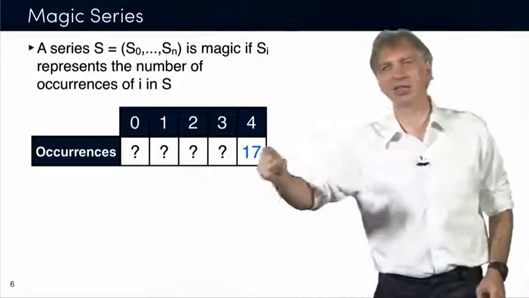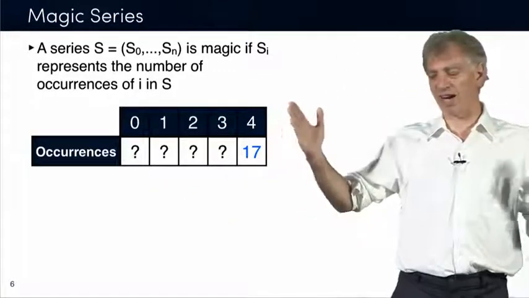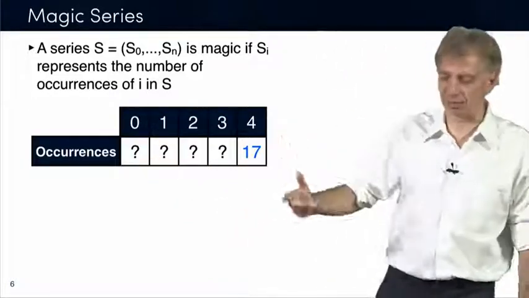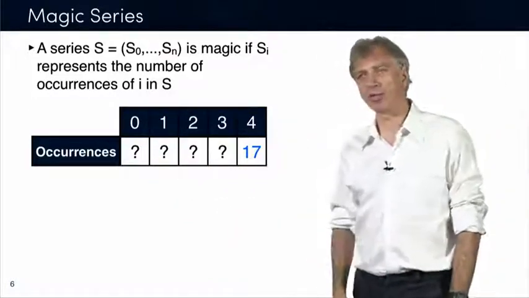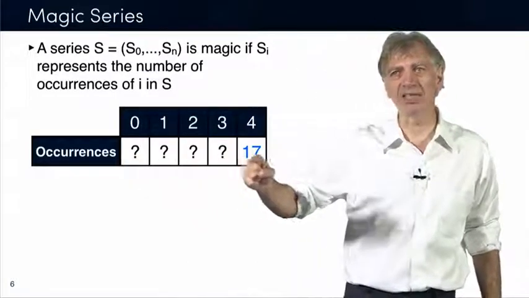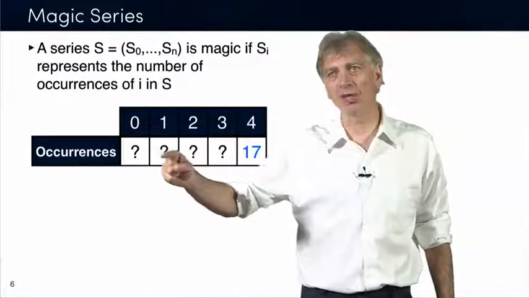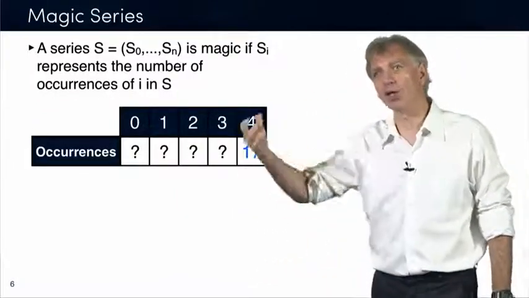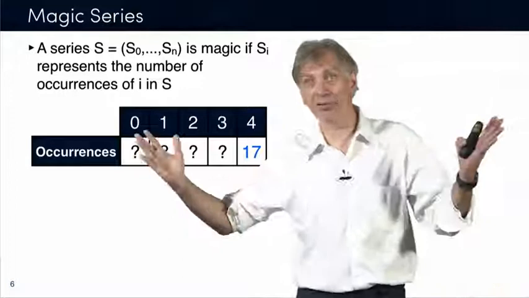Now, that series is of length 5. If I put 17, obviously I won't be able to put 17 occurrences of 4. So what do I know? Can I deduce something interesting on the sum of the numbers in this series? Yes, they are all occurrences. How many occurrences can I have? Well, the length of the series.